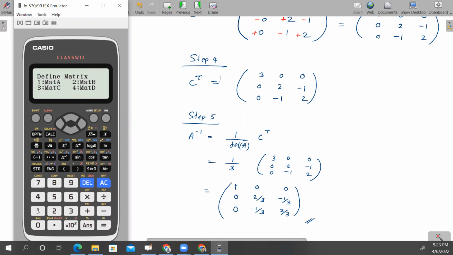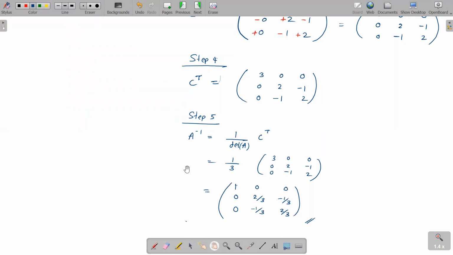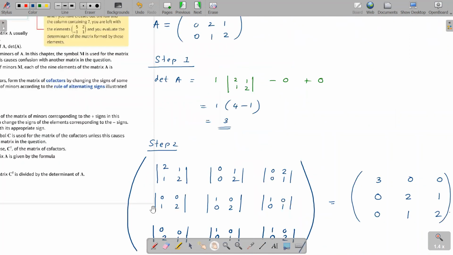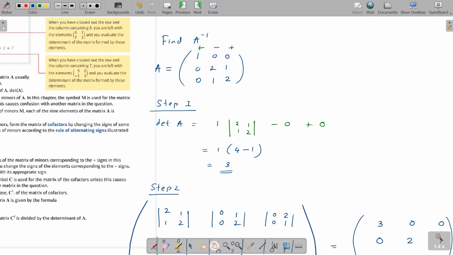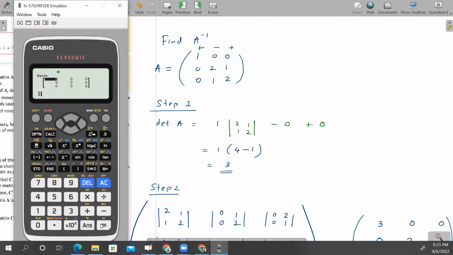Matrix A. I have selected 3 rows, 3 columns. So we'll give the initial matrix. A is 1, 0, 0, 0, 2, 1, 0, 1, 2.